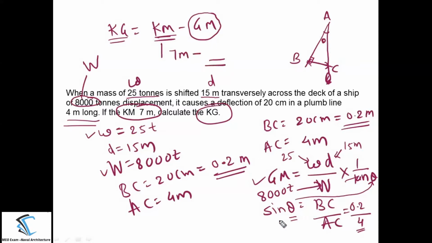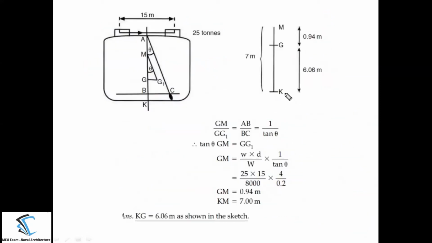GM you are calculating from here. Then you will get the value of KG. Substitute all the values, as I told you. You will get the value of GM, that is coming 0.94.